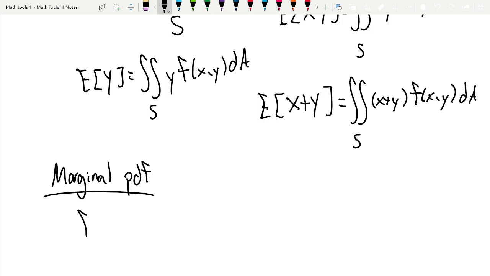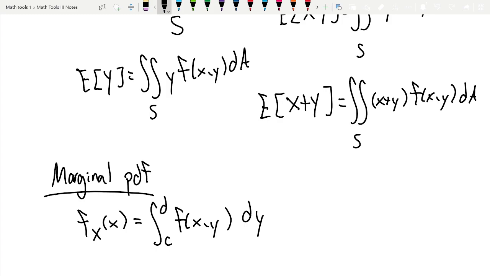Like the marginal PDF f sub X of x, for example. This would be a capital X, this would be a lowercase x. Here you would integrate out the y part. So if y is on some interval c to d, it would be the integral of f of x y dy. So you basically integrate out the opposite variable. So this isn't really a double integral, but the joint PDFs do come into play here once again.